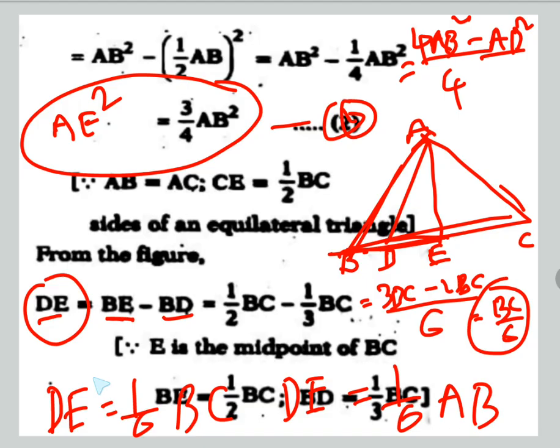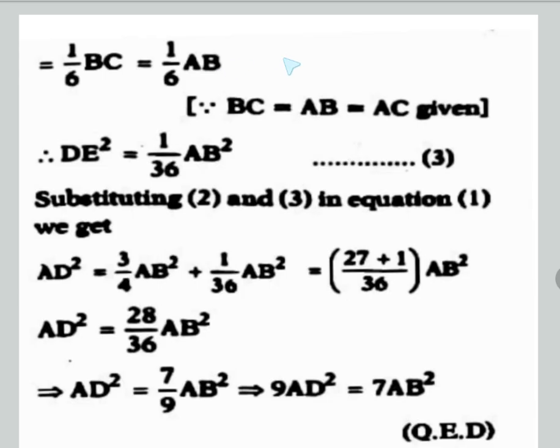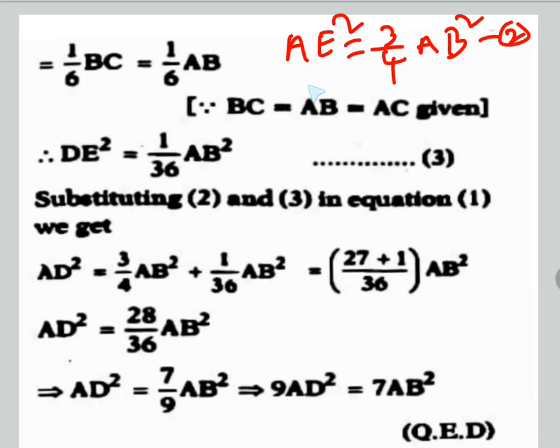Squaring both sides, we will write AE square is equal to 3 by 4 AB square. This is the second one. And the third one is DE whole square is equal to 1 by 6 whole square, which means 1 by 36 AB square.